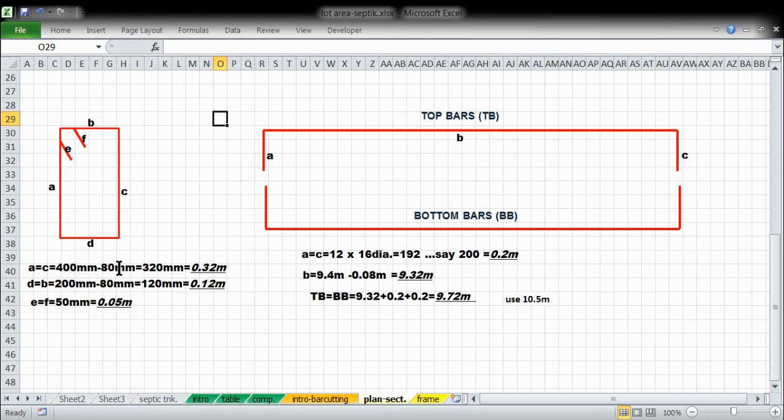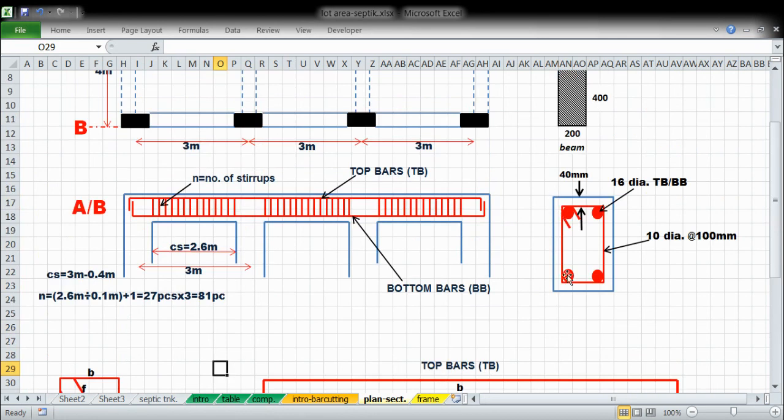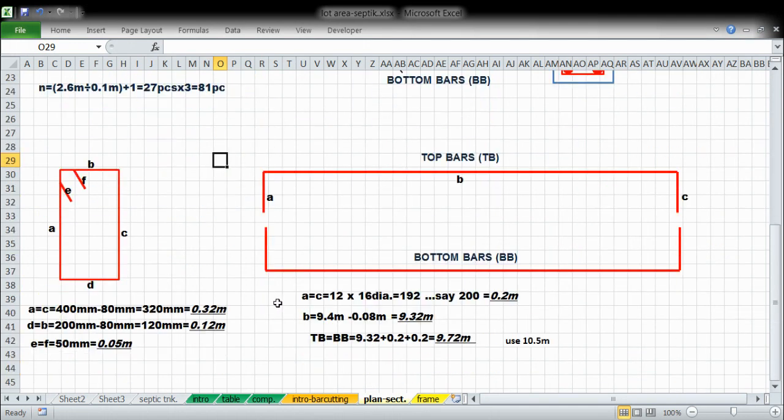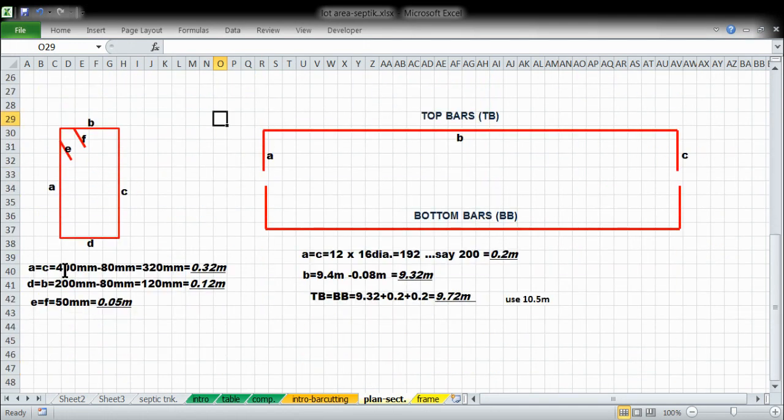Saan galing to? 400, the depth, minus 80, 40 covering at the top, 40 covering at the bottom. Okay? That is AC, and would give us 320 mm or simply 0.32 meters.